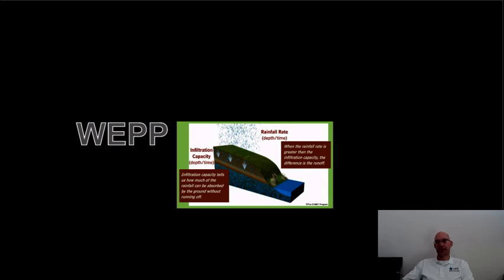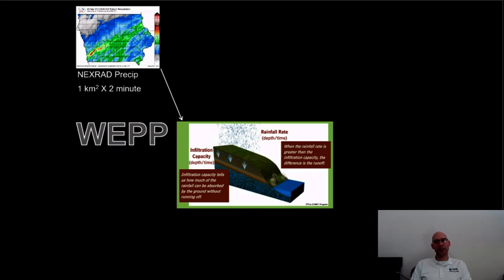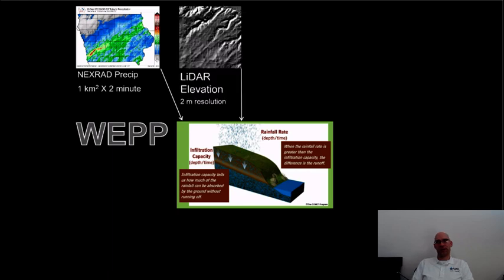So what do we need for inputs to estimate this process? We are using NEXRAD precipitation in a 1 by 1 kilometer, 2-minute time resolution product. We're also using high resolution 2-meter LiDAR elevation data sets that are capable of resolving conservation practices, but they also resolve roads and other features that we have to work with.